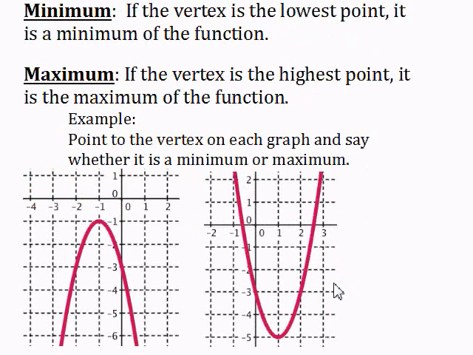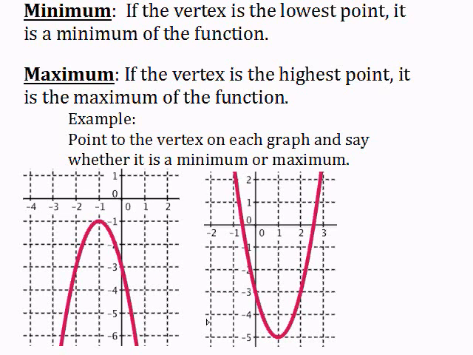Our next two vocabulary terms are minimum and maximum. If the vertex is the lowest point, it is a minimum of the function. If the vertex is the highest point, then it is the maximum of the function. So for example, I want you to go ahead and point to your computer screen and tell me whether each one of these graphs gives you a minimum or a maximum.